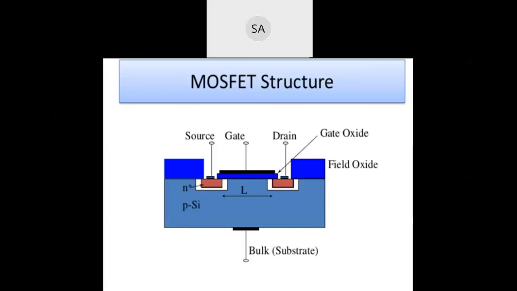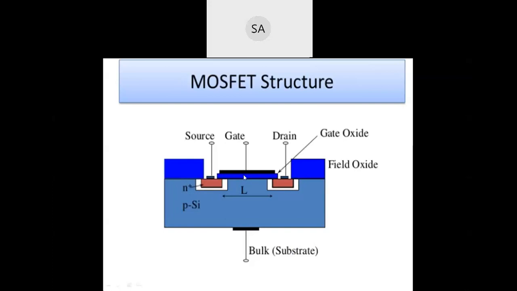Simply, we have this structure of the MOSFET. We take the P-type silicon substrate, and here are two N plus diffusions, and over this an oxide layer is formed. On that oxide layer, a gate terminal is deposited.